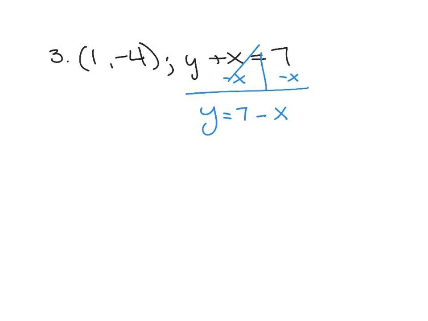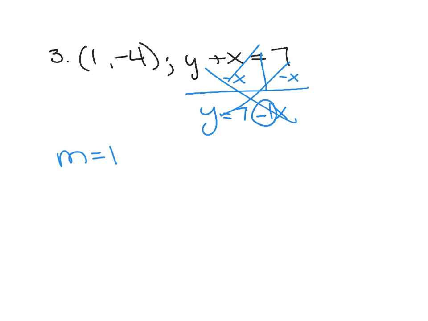Now we need to identify the slope of this first. Remember, this is a -1, and now I need an opposite reciprocal. So the slope of a perpendicular line is the opposite of negative, which is positive, and the reciprocal of 1 over 1 is 1. So our slope is going to be 1, and again, get rid of this one.